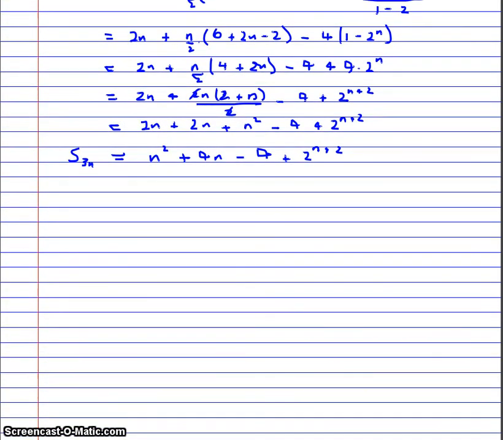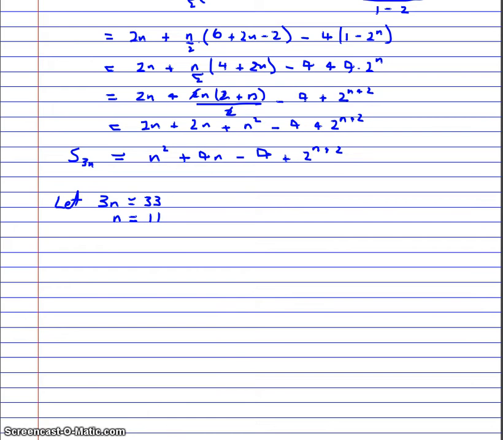Which is important because the next part of our question asks us to find the sum of the series to 33 terms. So that means we need to let 3n equal 33, because we want to substitute for n. That means n equals 11.